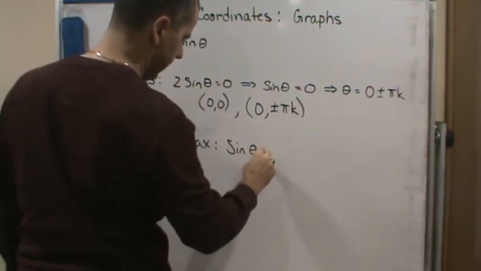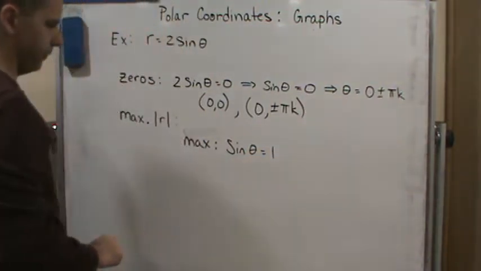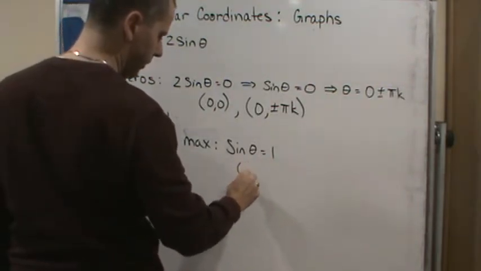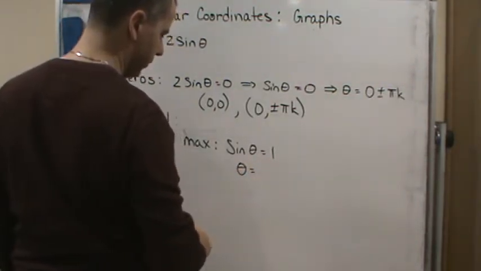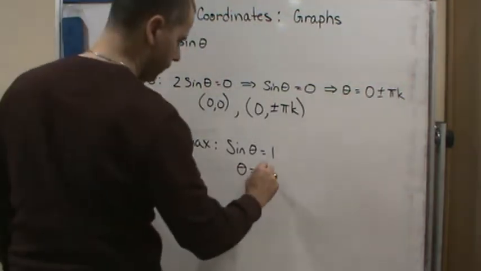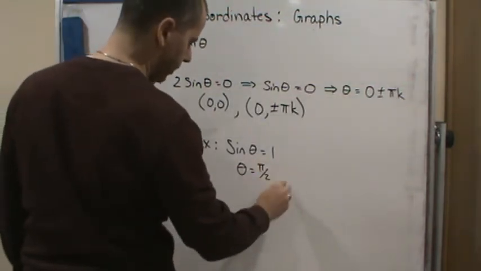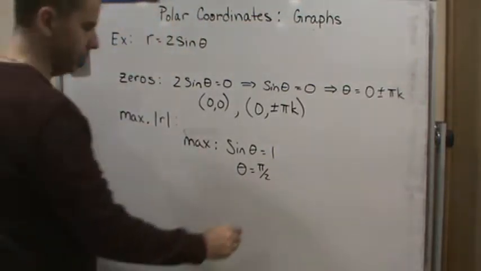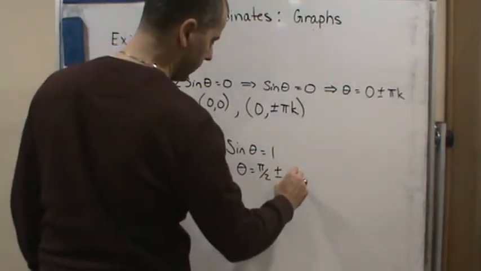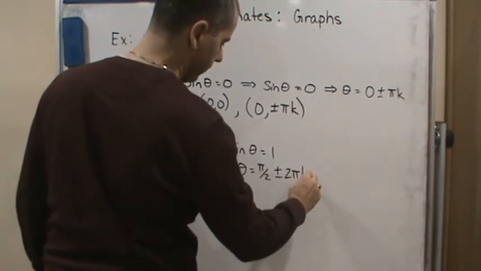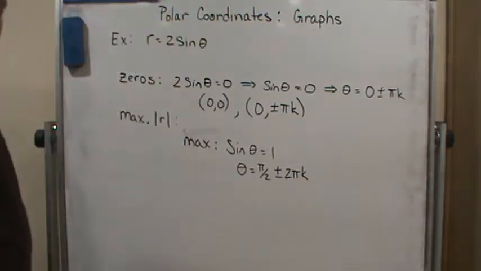So the maximum of sine theta is equal to 1. Right? When does that occur? When theta is equal to pi over 2 plus or minus any multiple of 2 pi.